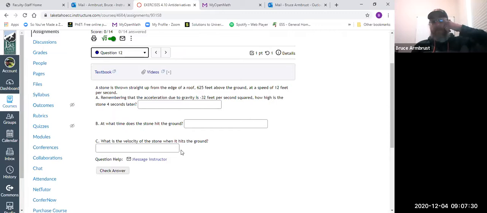For C, what's the velocity of the stone when it hits the ground? Well, remember from part B, we know when it hits the ground. You can take that time and plug it into the velocity formula, and that'll give us the speed when it hits the ground, right? So now we know everything there is to know about this stone. You want to know its velocity ever?